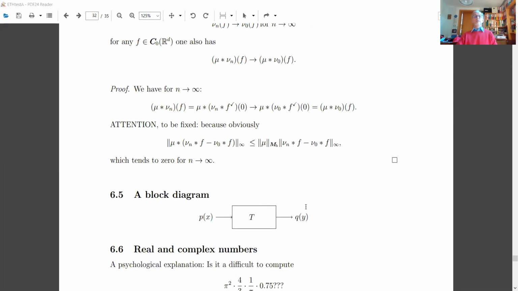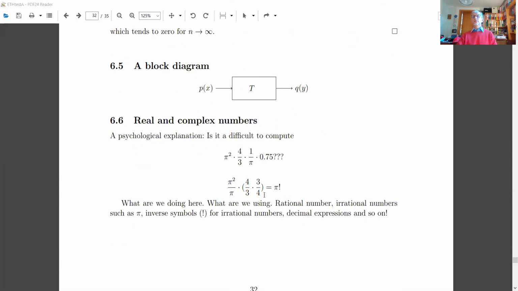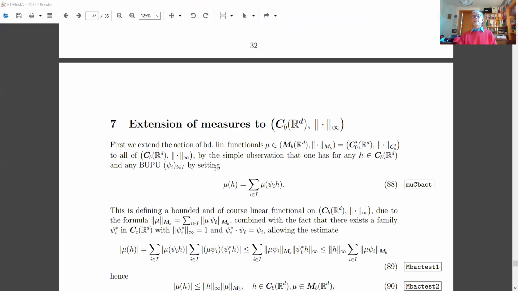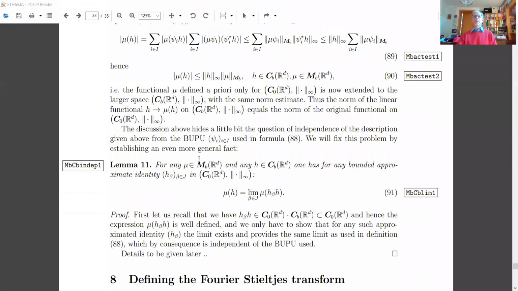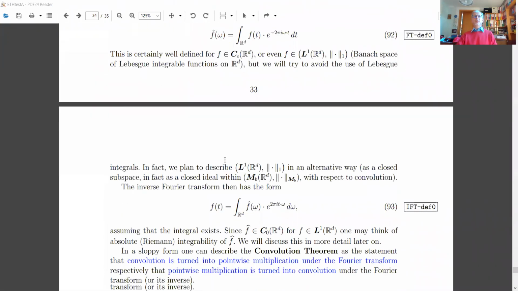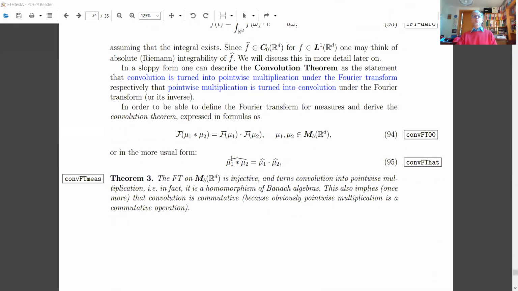Yeah, so maybe I should indicate, if I talk about this here, we have learned so far that pure Dirac measures, as a function, are the point evaluation at a given point.